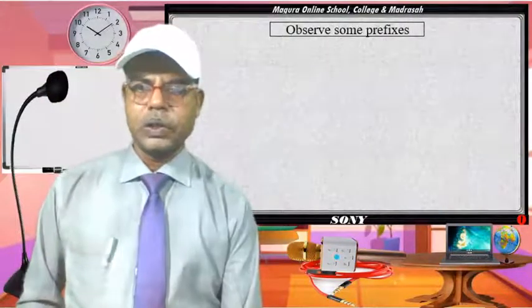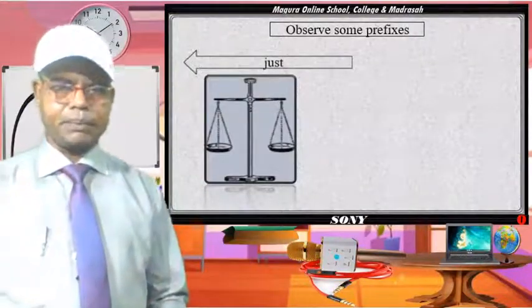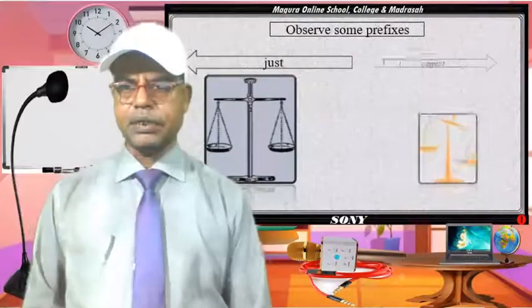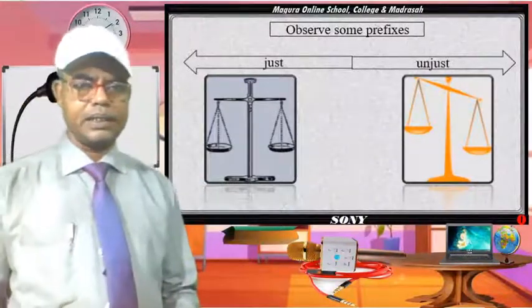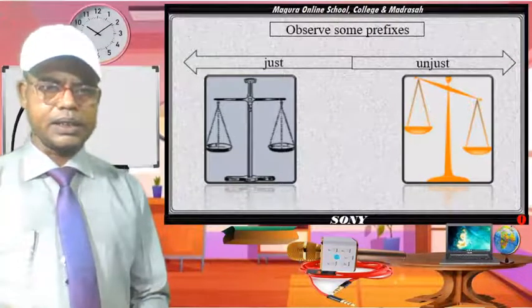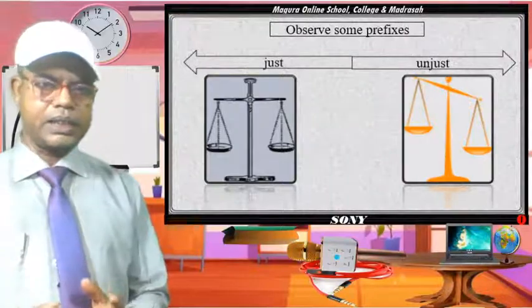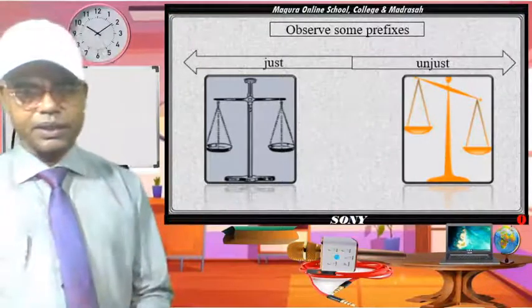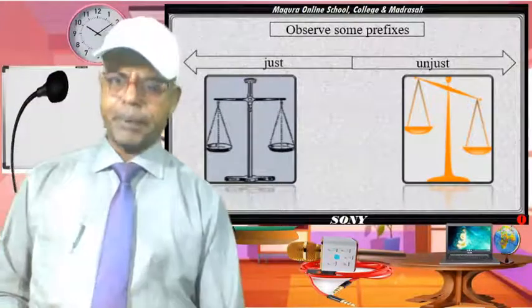So, imbalance has a prefix. Similarly, you see a picture, just and unjust. With the root word just, we use un. So, un is a group of letters called affix, but to be specific it is called prefix.